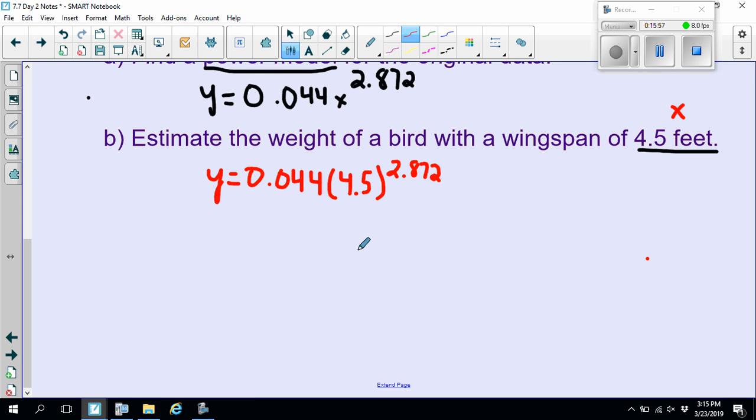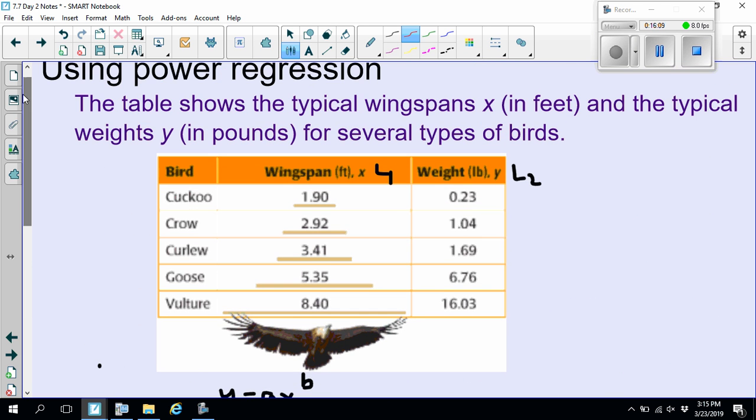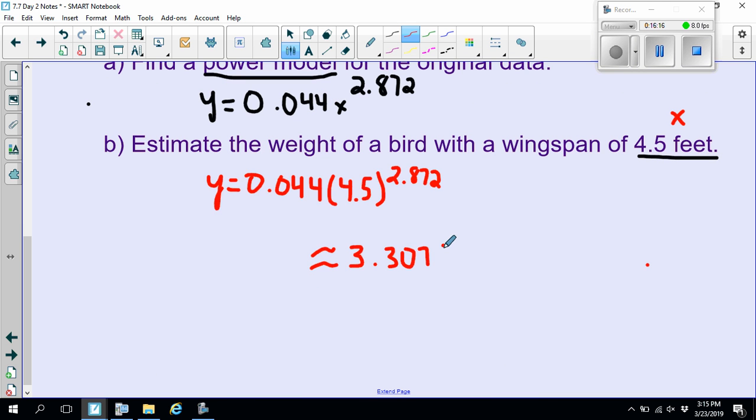So the weight of a bird with a wingspan of 4.5 is approximately 3.307. Please do not forget your label. If you don't know what it is, please go back to either the paragraph or the table, because sometimes they'll give it to you. In this case, it's in pounds. And there we go.